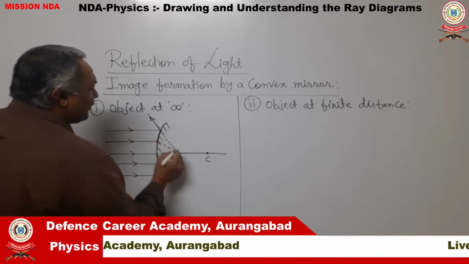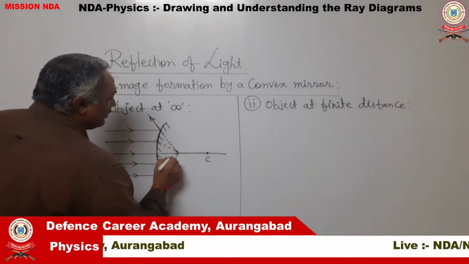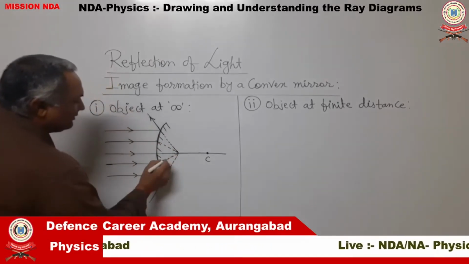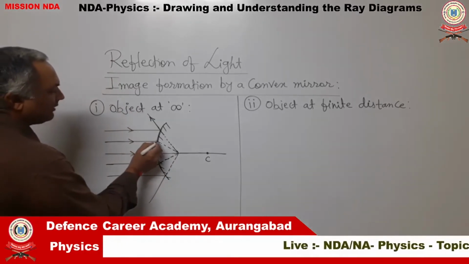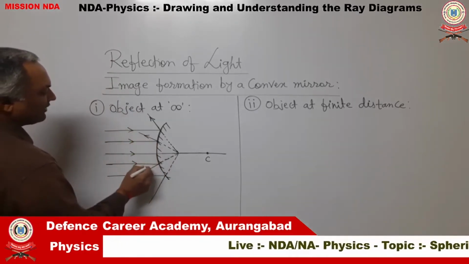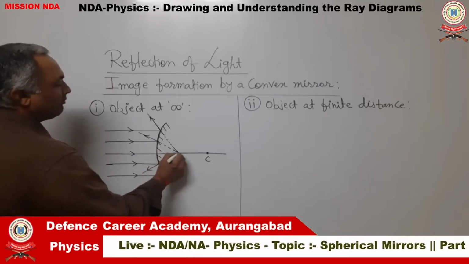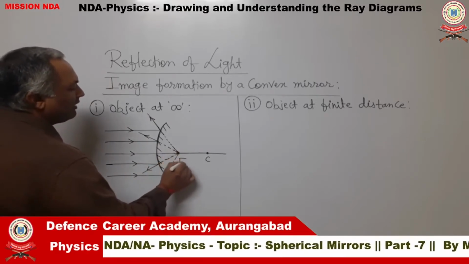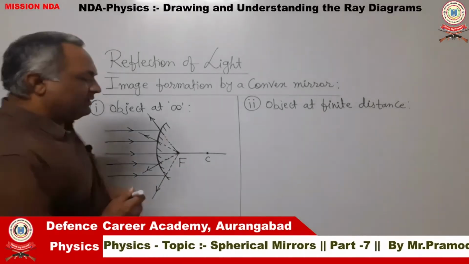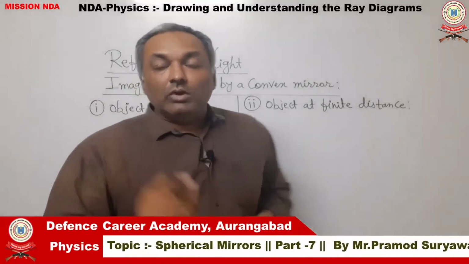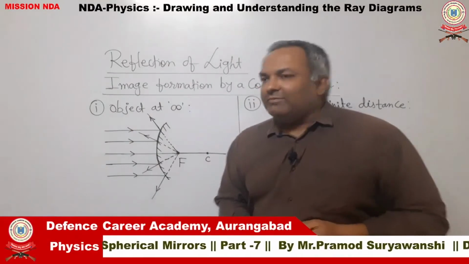So this is how you can complete this ray diagram here. After reflection, the rays of light are actually diverging, but they appear to converge at the focus F. So how do we describe this?